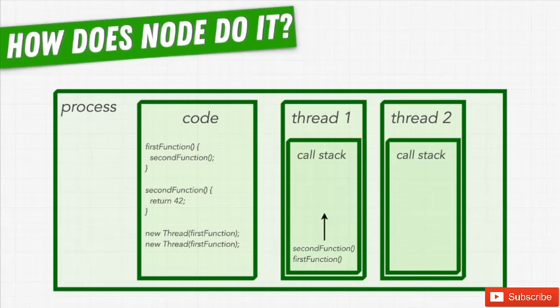And then perhaps thread 2 finishes calling first function and is ready for the rest of our code for second function. Notice that the two threads don't have to be in the same place in our code, in the same state. In fact, thread 2 might even be executing a different function altogether. So it might call second function directly, or even a third unrelated function.